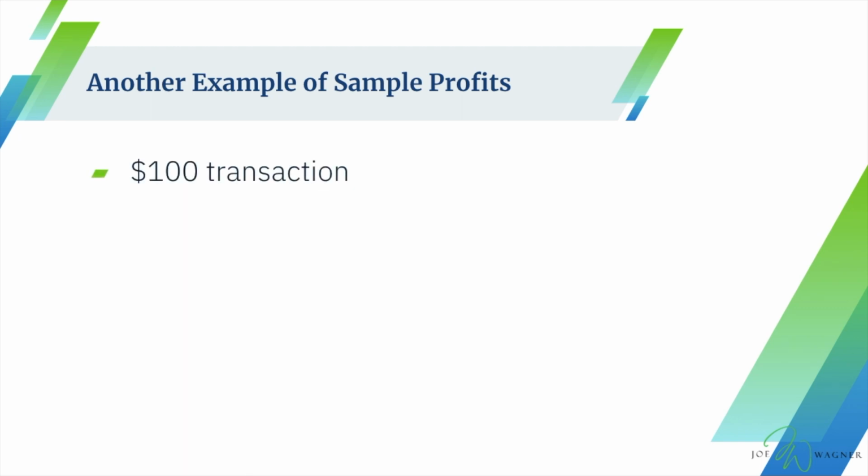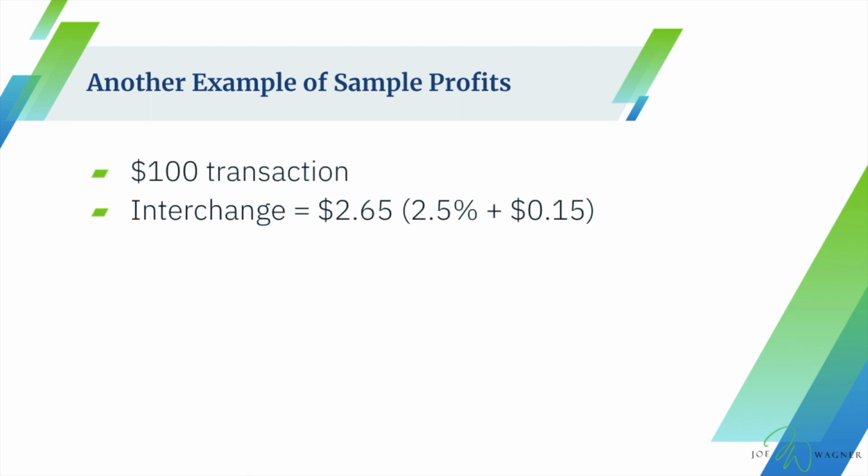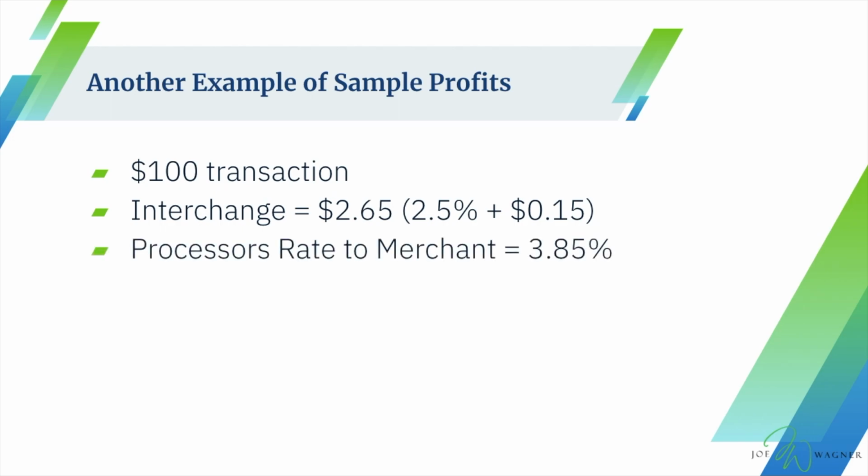Another $100 sale example. Interchange fluctuates. I'm telling you, the type of card and how they take it. So let's make another example here. Same $100 transaction, the customer used a high rewards card, right? The interchange is higher on that. So that means that our cost is higher on that transaction. Either way, we're collecting 3.85%.